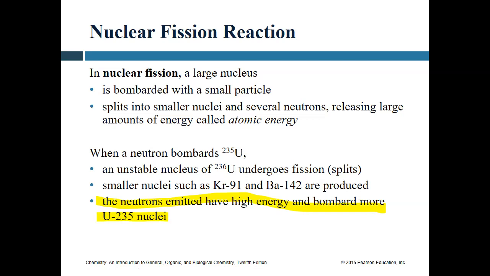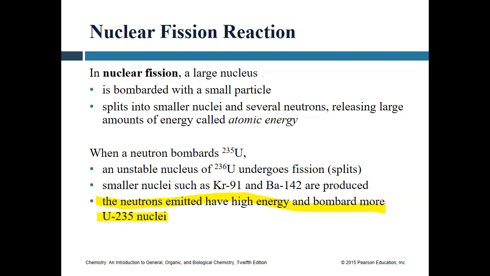So now those neutrons can go out, hit the other atoms of uranium-235 in the sample, and cause them to react and form new fission products and even more neutrons. And you can see how this could become kind of a problem.